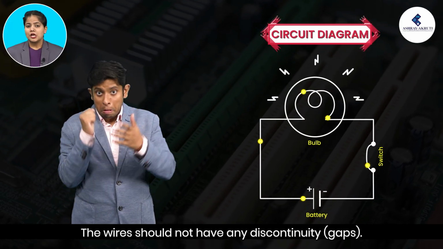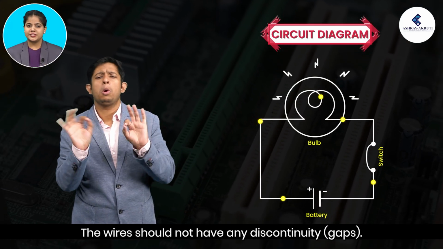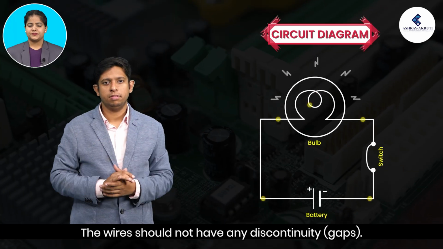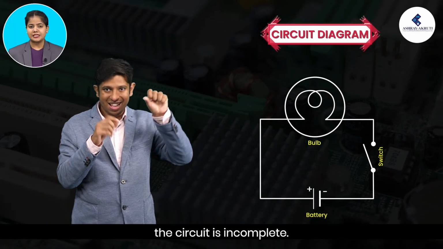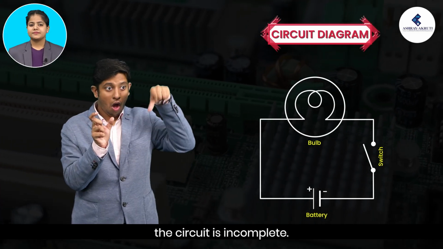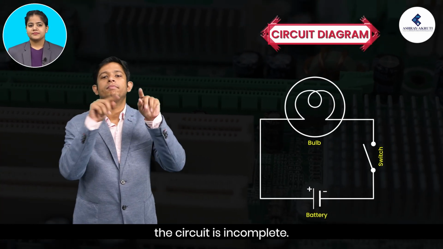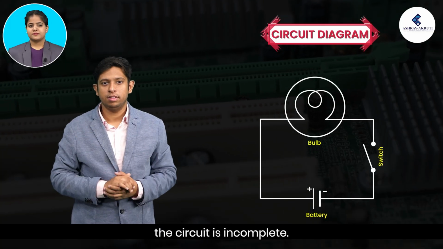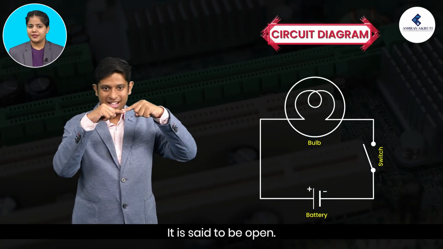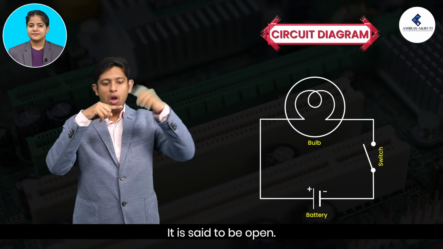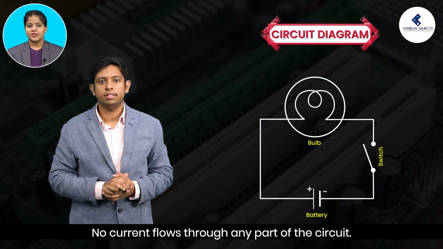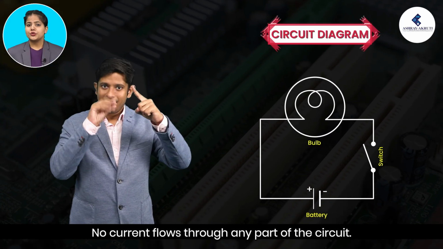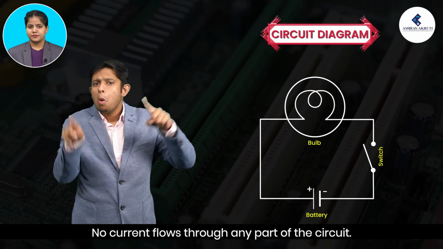The wires should not have any discontinuity gaps. When the switch is in the off position, the circuit is incomplete. It is said to be open. No current flows through any part of the circuit.